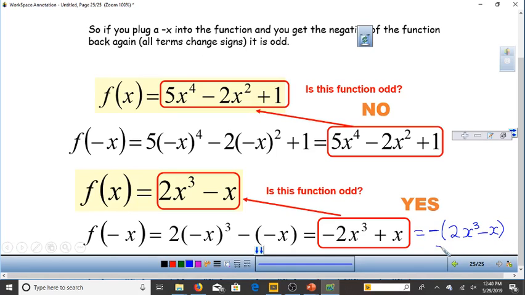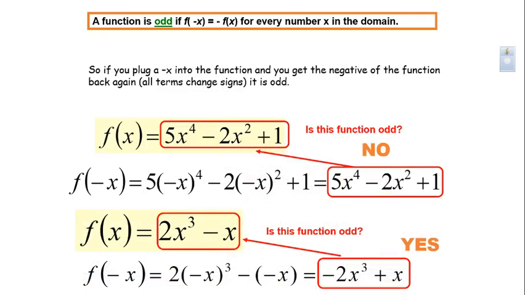So this is the negative of f of x. So that's how we know that we're dealing with an odd function. When I replace x with negative x, we end up with the negative of the original function.